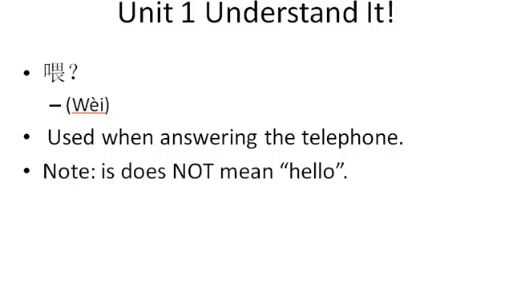And even though it officially translates into English as hello, because that's what we say when we answer a phone, the word itself doesn't mean hello. So you can't walk down the hall on campus and see someone that you know and say 喂, thinking that you're saying hello. It does not mean hello in that sense. But when you answer the phone in Chinese, you answer by saying wei.